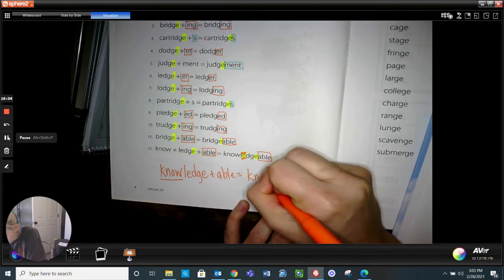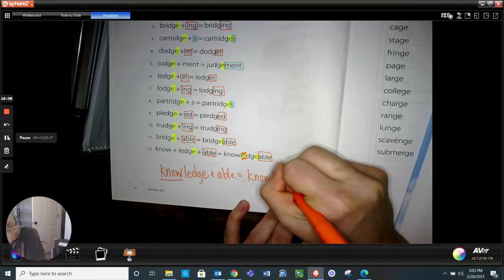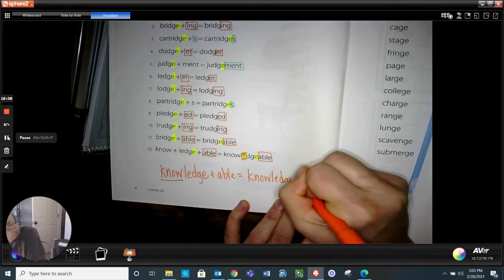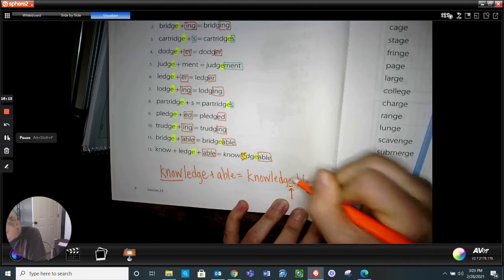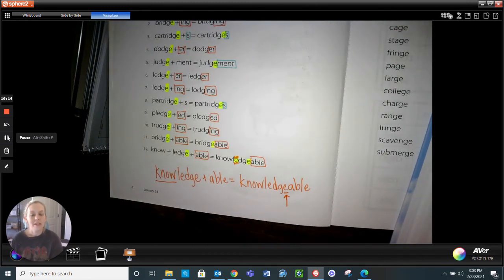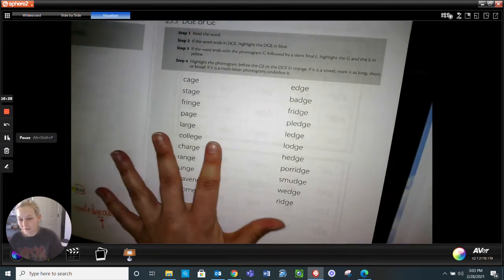So our new word, knowledgeable, we keep that E so that G says J. Otherwise, the word would be knowledgeable. And that doesn't sound like a very smart word, does it? No. All right. Let's move on over to the next page, page 5.